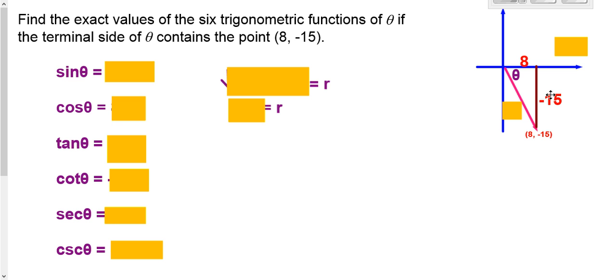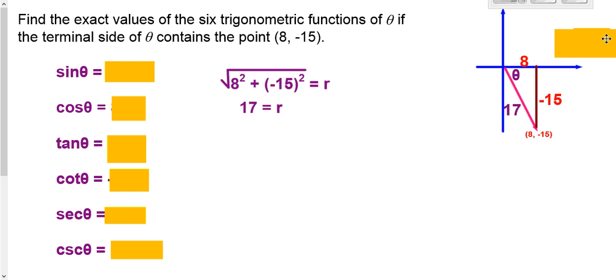Yes, you can actually have a negative side length in the context of this. Basically, it's just letting you know your direction. You could then use the Pythagorean theorem, 8 squared plus negative 15 squared equals your hypotenuse squared, and we get 17. Now, remember that r, your hypotenuse, is always positive.